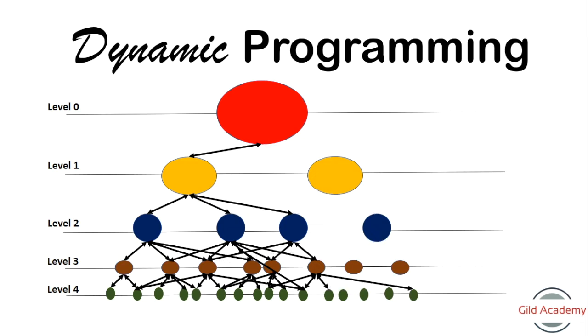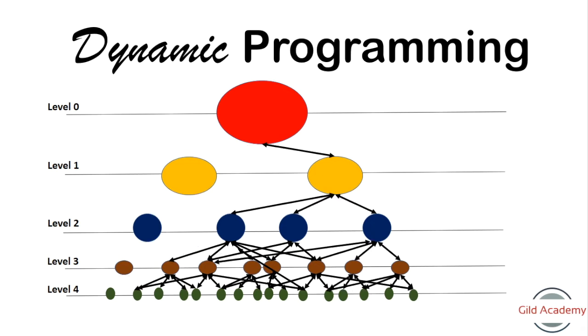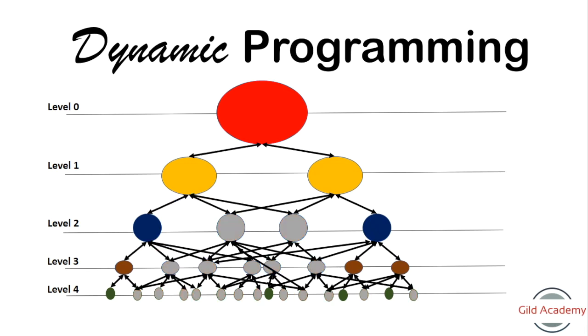So if we see the first subproblem at level 1, the hierarchical representation of the subproblems may look somewhat like this. And the second problem at level 1 can have a hierarchical representation of subproblems which might look somewhat like this. If we merge both these hierarchical representations, then we'll see that the highlighted subproblems are the ones which are common to both these subproblems at level 1.